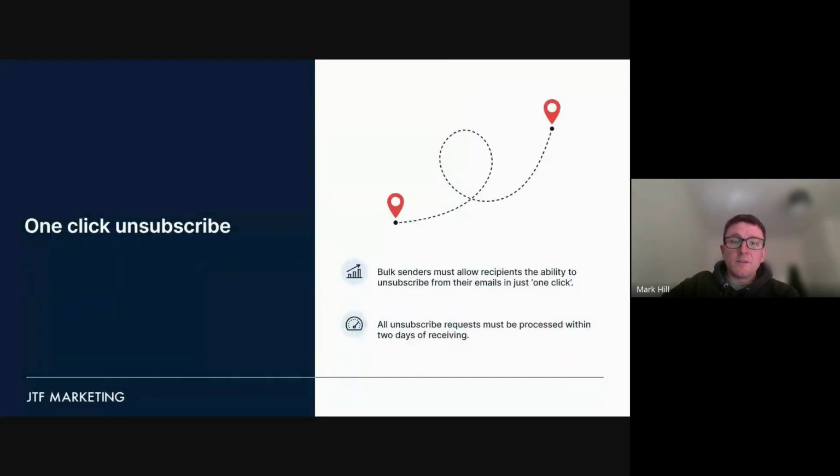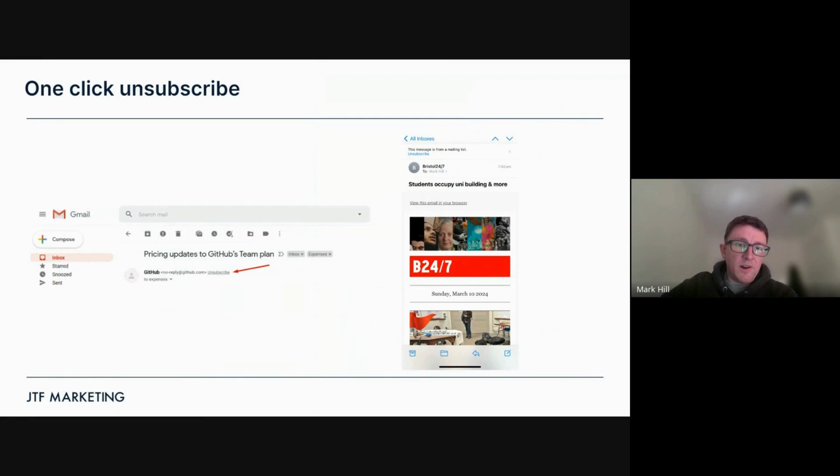So then on to one-click unsubscribe. This one is quite simple. You must give all email recipients the ability to unsubscribe with one click. You must also process those requests within 2 days, and that's taken care of by Marketo. And this is what it looks like. On the left, you can see an email from GitHub, and they've got one-click unsubscribe turned on.